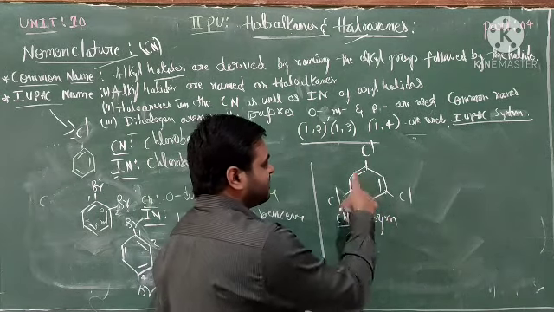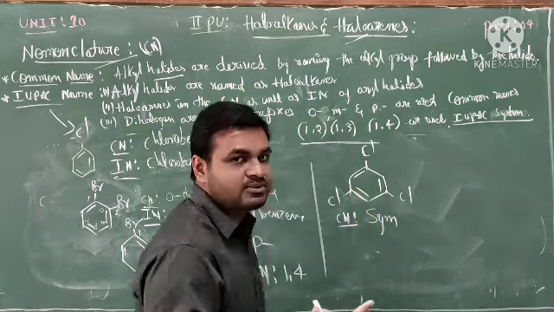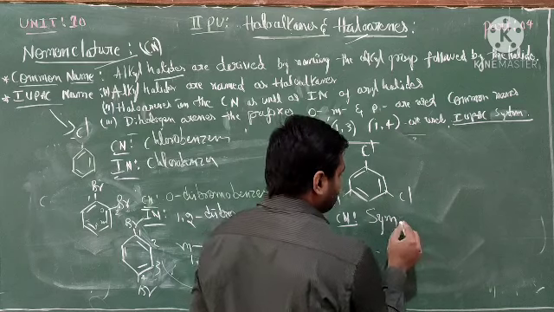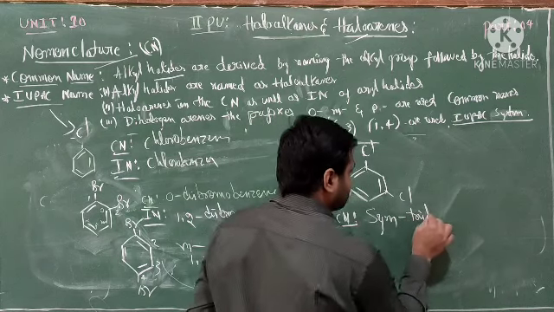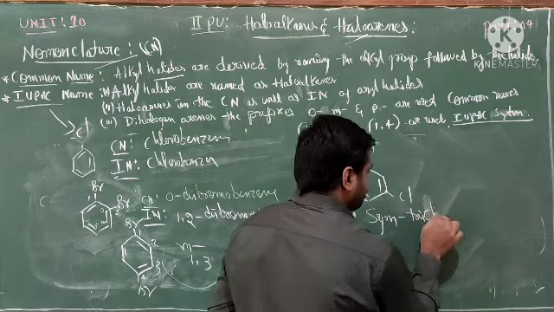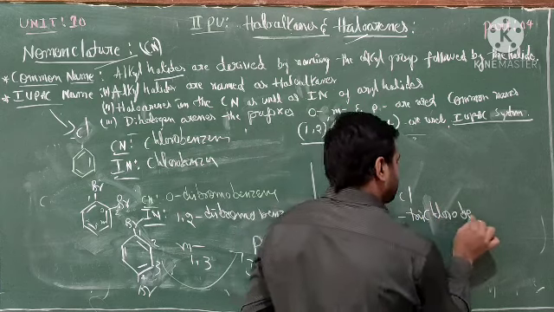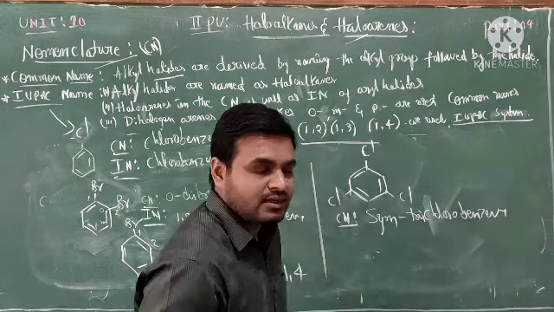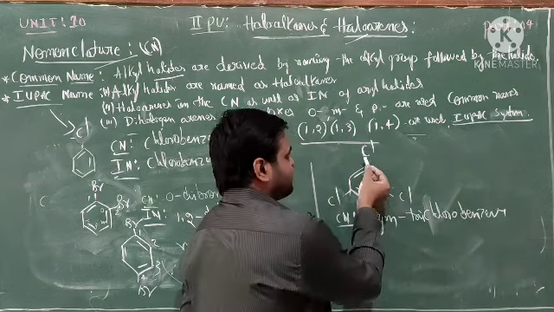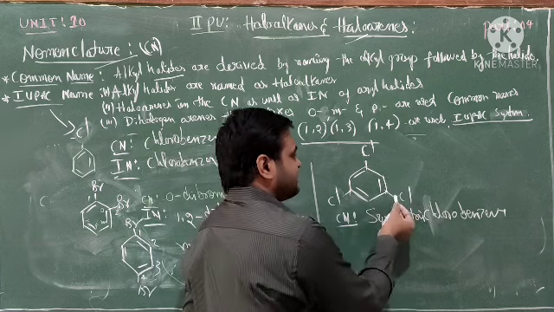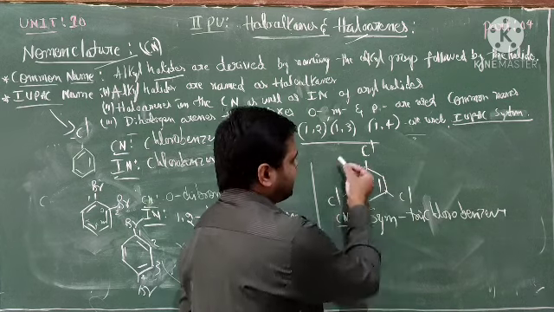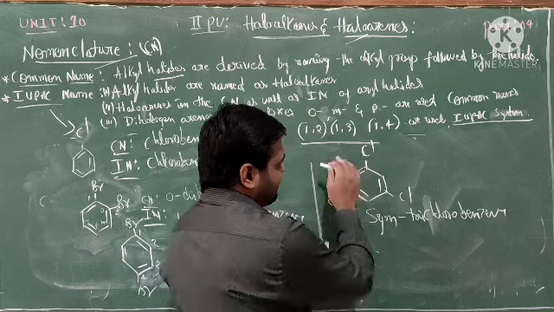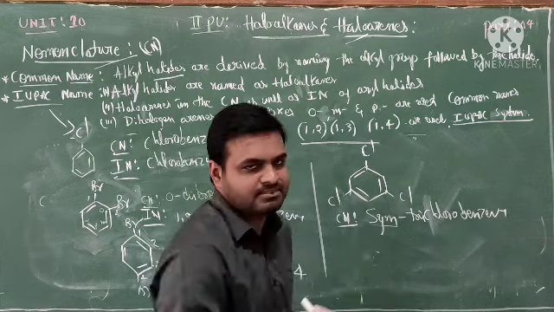Either way, 1, 2, 3, this is sym-trichlorobenzene. The first carbon has chlorine, then the next carbon has none, then there is one more halogen. This way of structure we call sym.